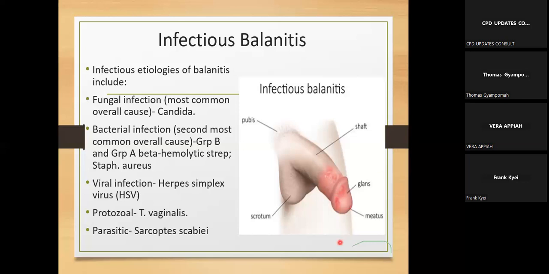Now, in the uncircumcised people, cleanliness becomes a problem. They don't manage the foreskin so well. And I said the smegma serves as a good nutrient for a lot of the bacteria, even including mycobacterium, and then causes a lot of these infections. So all of them can come. And of course, Sarcoptes scabiei.